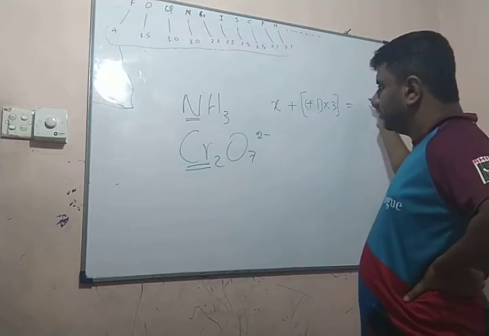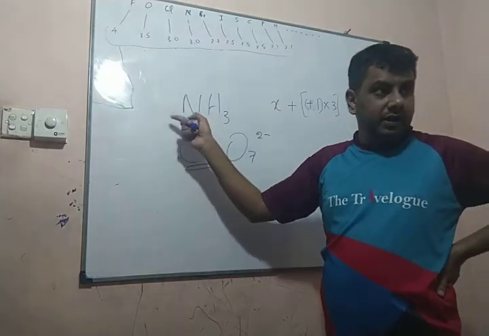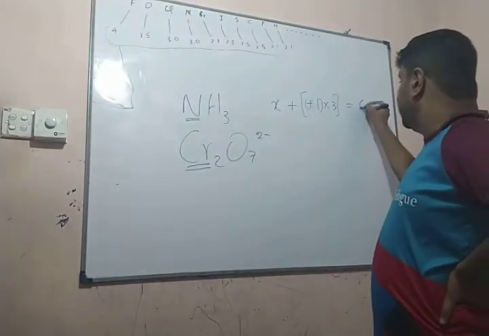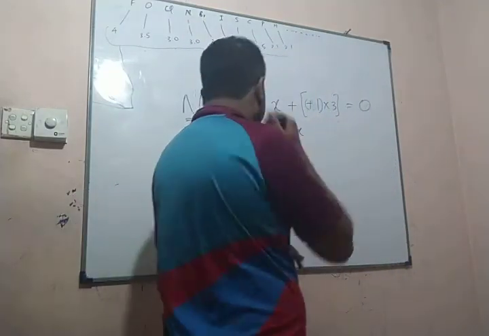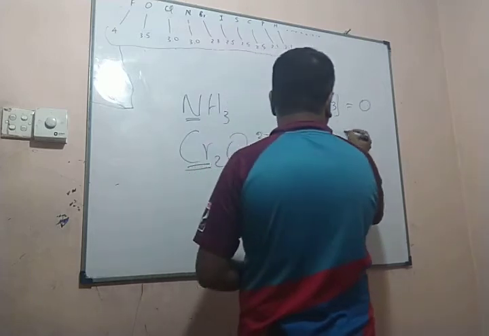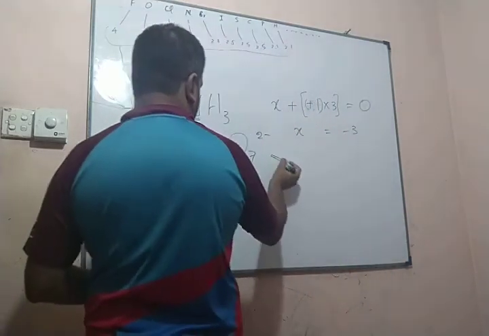Is equal to what? Sum is 0 because it's a neutral compound molecule. So what's the oxidation state of nitrogen? -3.